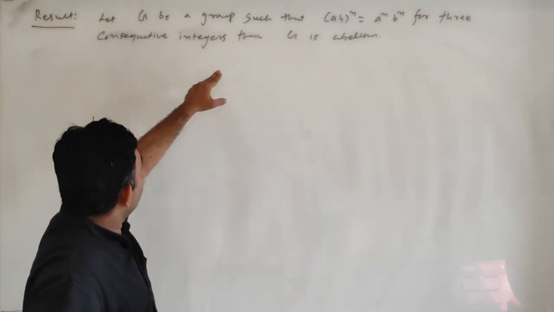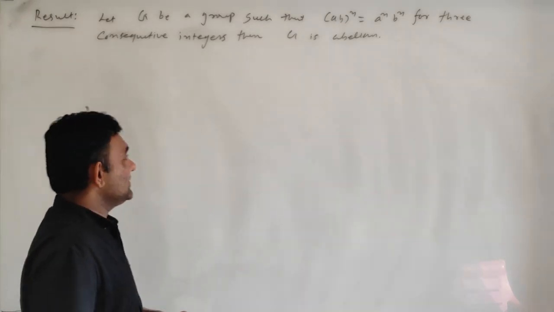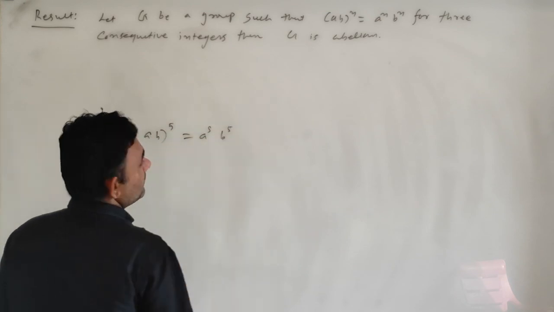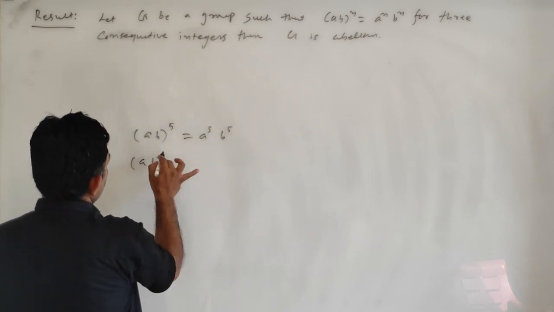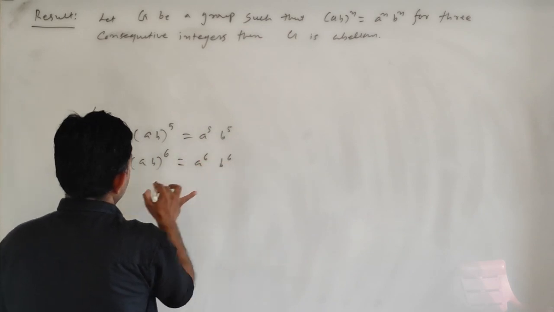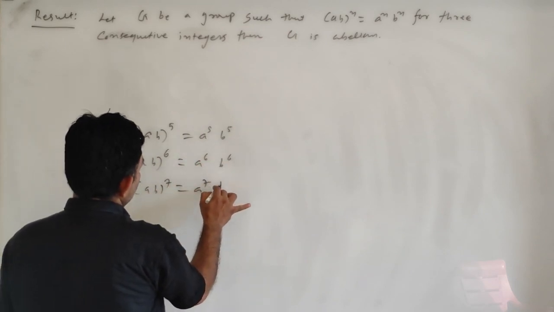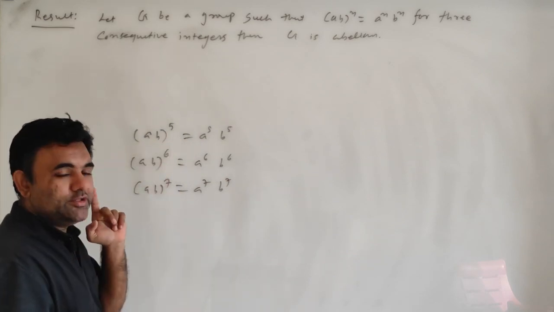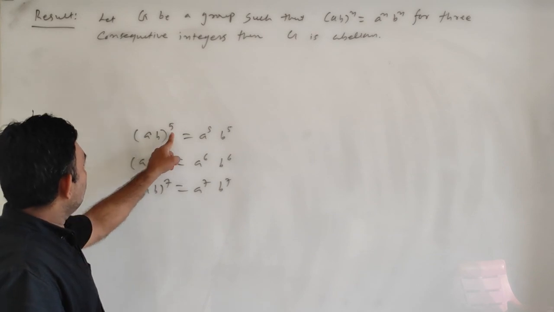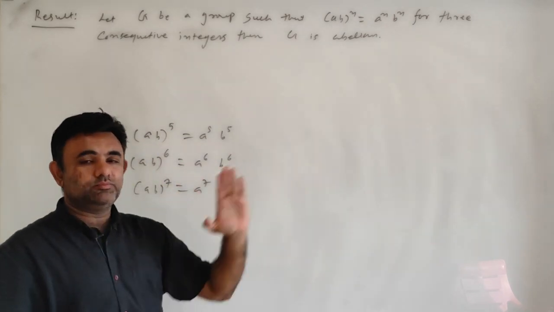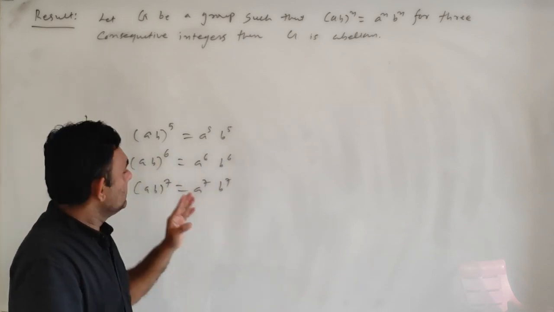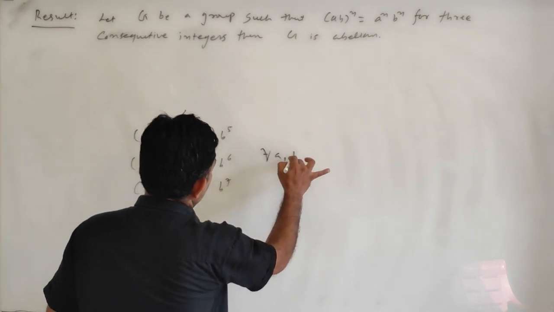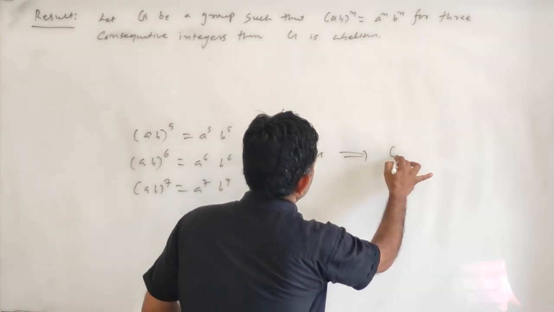For example, suppose I have (ab)^5 equal to a^5 b^5, (ab)^6 equal to a^6 b^6, and (ab)^7 equal to a^7 b^7. Means 5, 6, 7, 3 consecutive integers, and I am able to distribute the power to both a and b in left to right order. And if I have this for all a, b belonging to G, then I can claim that G is abelian.